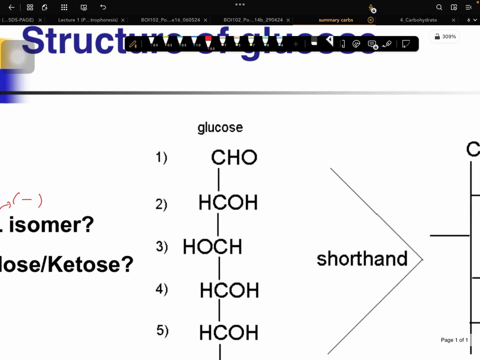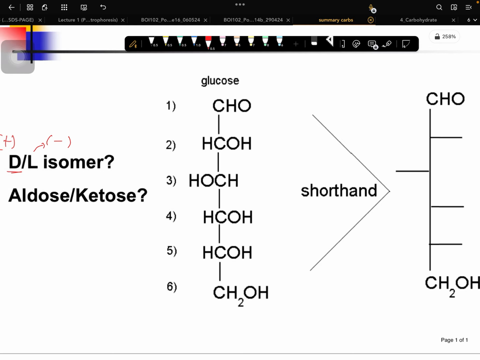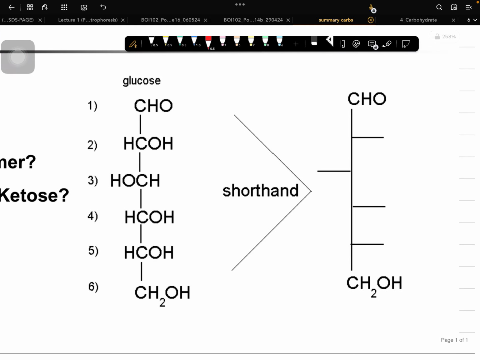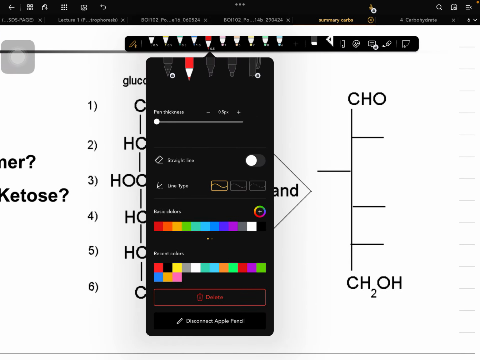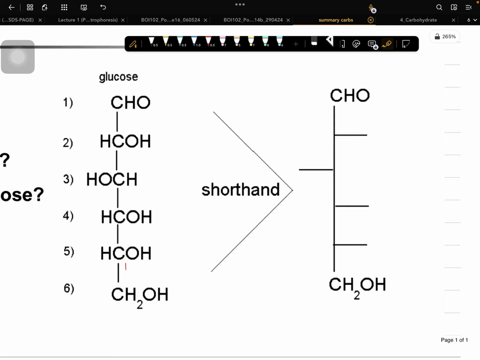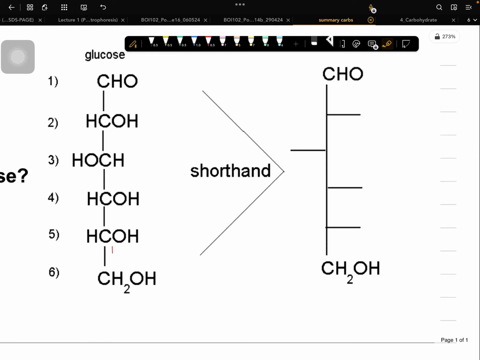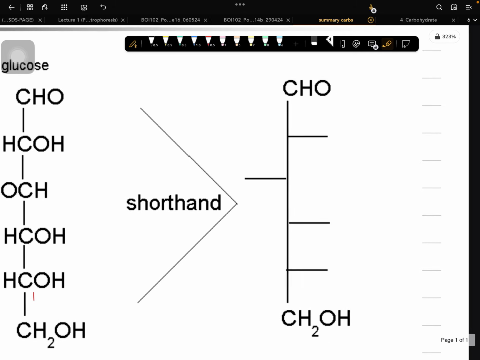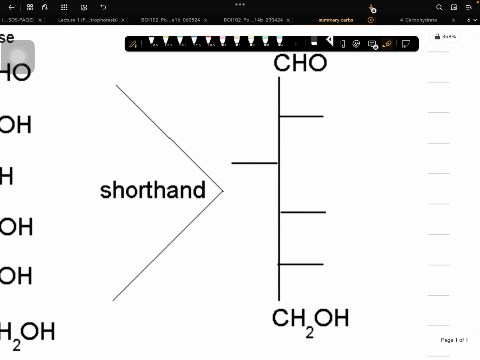So let's look at the structure of glucose. There is a 6-carbon longest chain. We will be using Fischer projections, a vertical presentation of the carbon backbone.